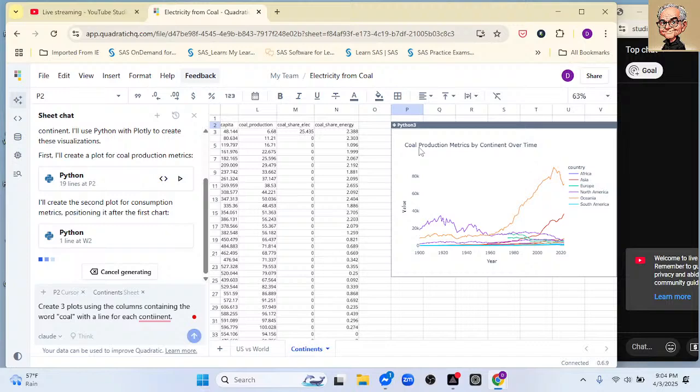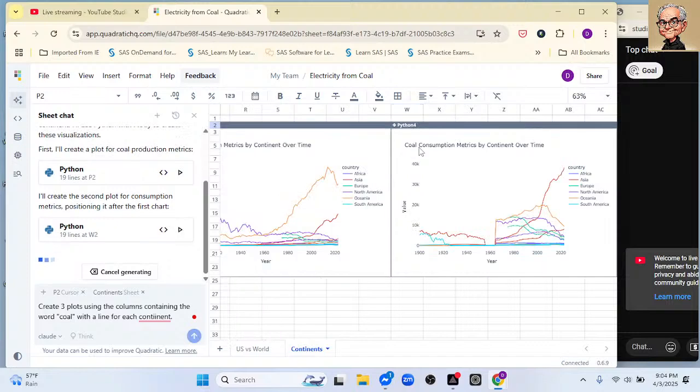so this is coal production metrics over time.